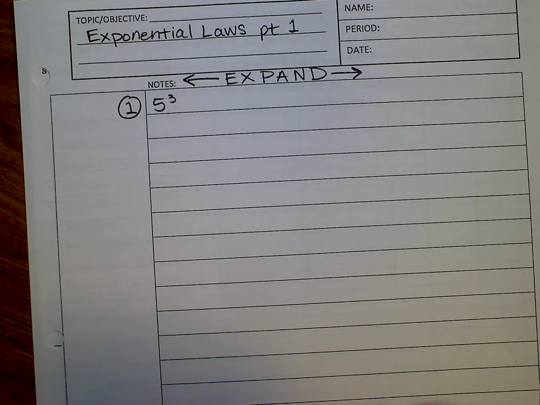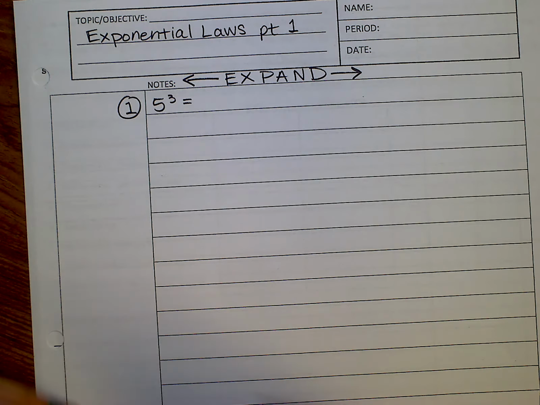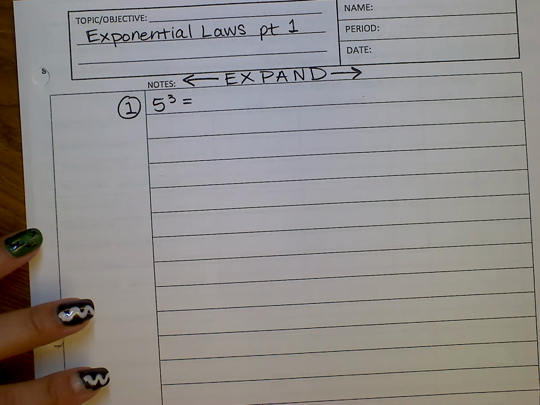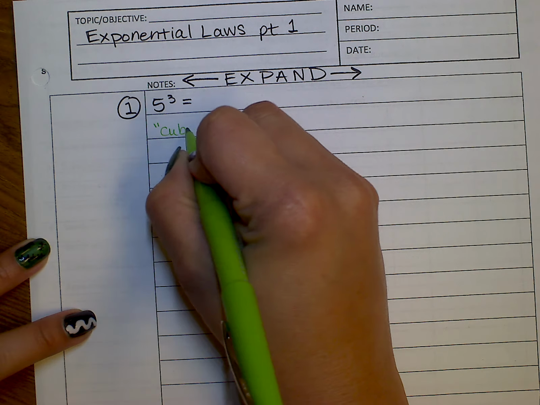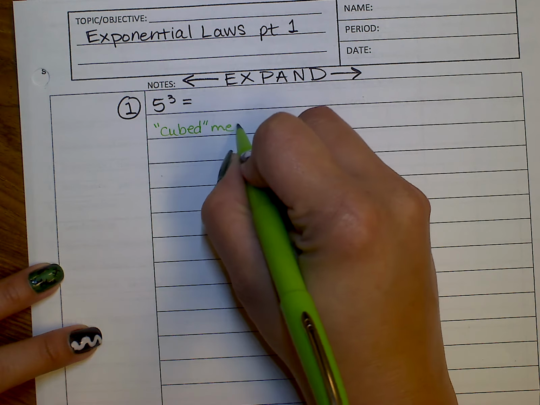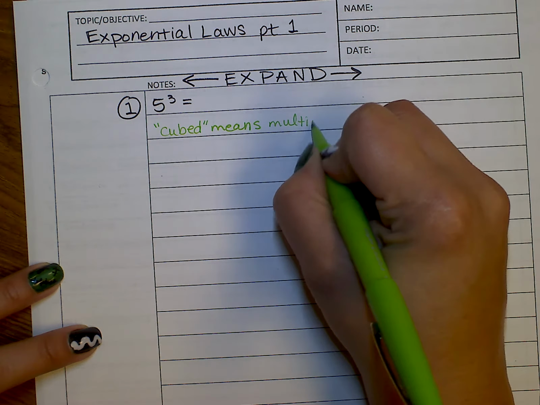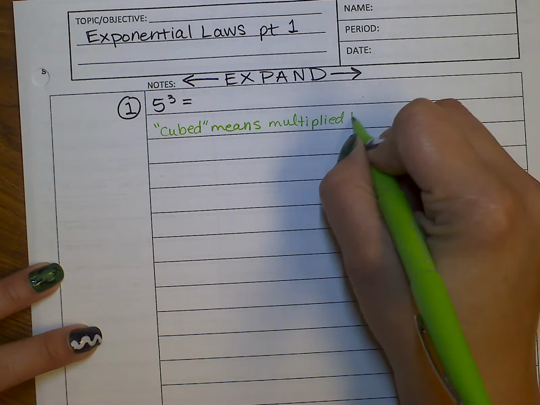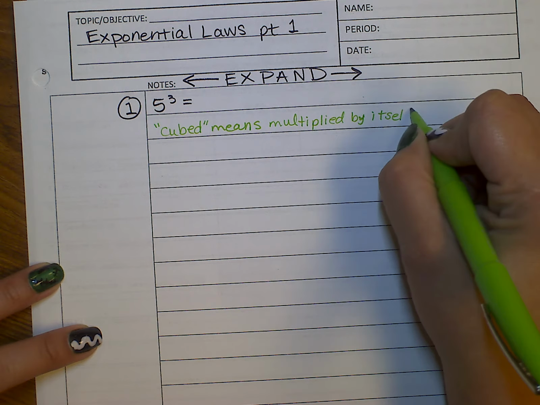So I asked you guys to expand 5 cubed, and you guys told me that cubed means multiplied by itself three times.